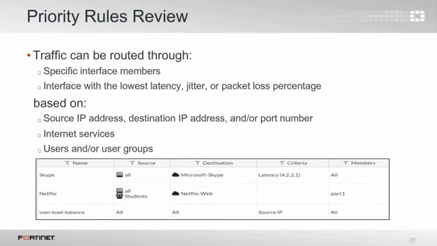Remember, status checks are used to measure link quality based on latency, jitter, or packet loss percentage. The priority rules are evaluated in the same way as the firewall policies, from top to bottom, using the first match. The following parameters can be used to match the traffic: source IP address, destination IP address, destination port number, internet service, users and/or user groups, and type of service, TOS.